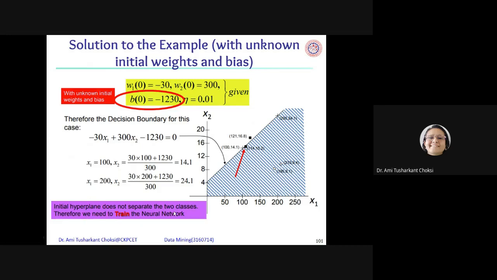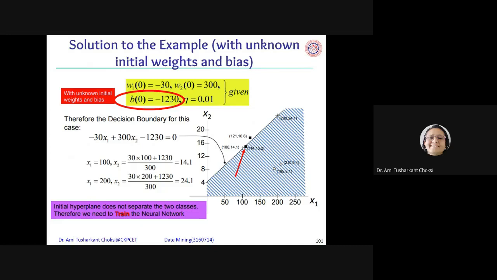Therefore, we need to train the neural network. Whatever points we are having, they are not linearly separating the classes. How can you say that? See, whatever points we are having, we have to plot them. Whatever x1 and x2 we are having, with those 2 points, we need to plot a line, right?